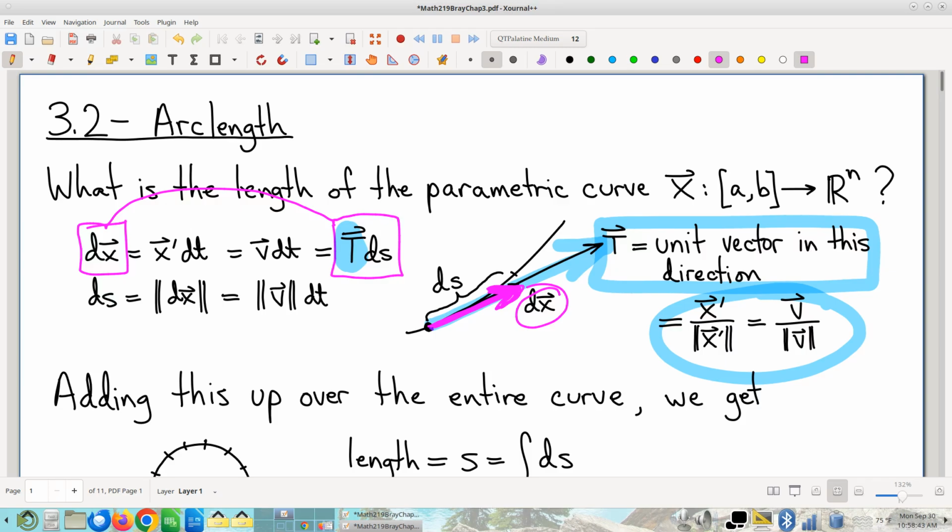T is the right direction: the unit vector representing the direction that dx points. And check it out, ds is the magnitude. Again, previously established.